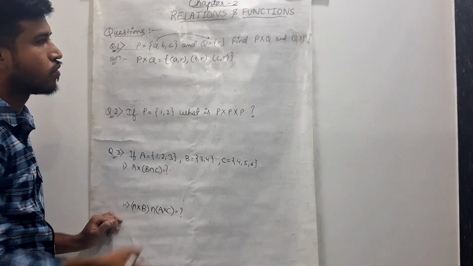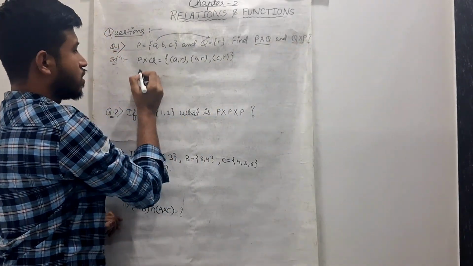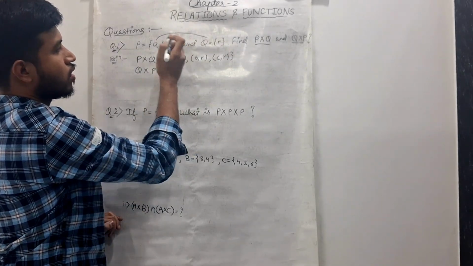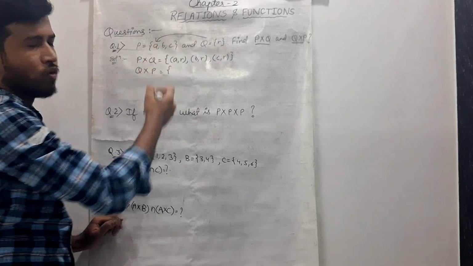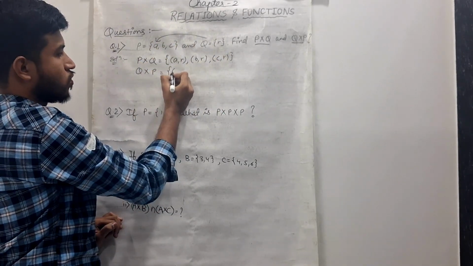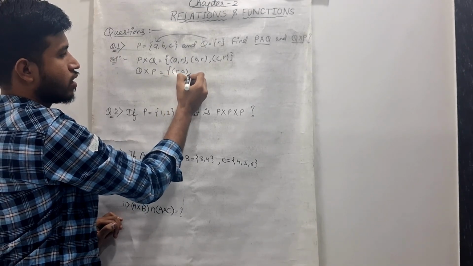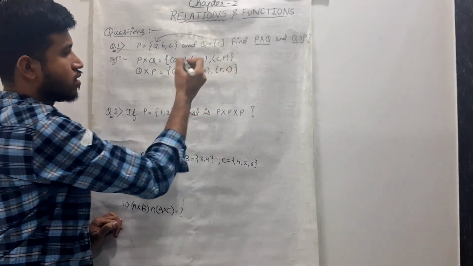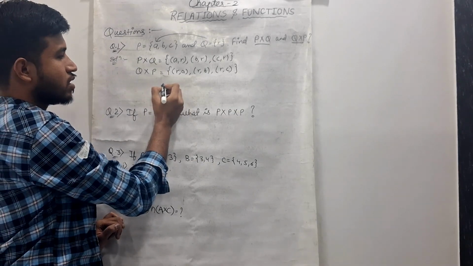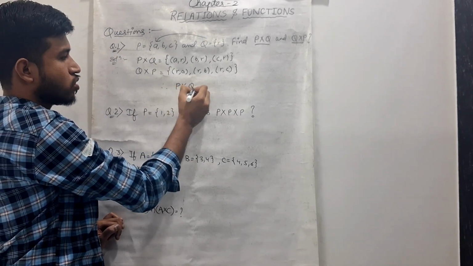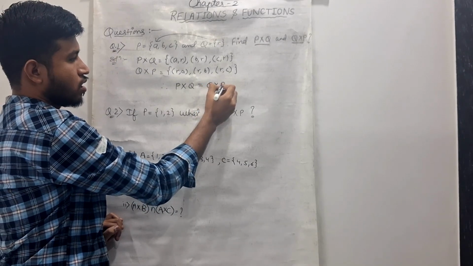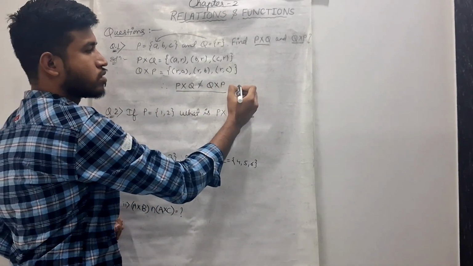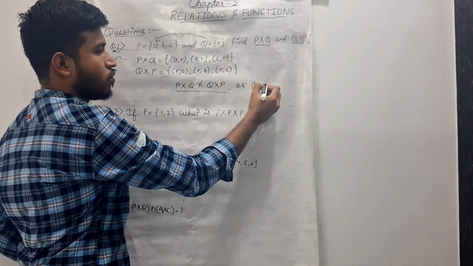This is P cross Q. Now we have to find Q cross P, that is, from set Q to P. So here we can see that P cross Q is not equal to Q cross P, because of pairs like (A, R).